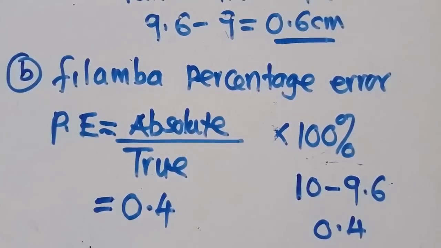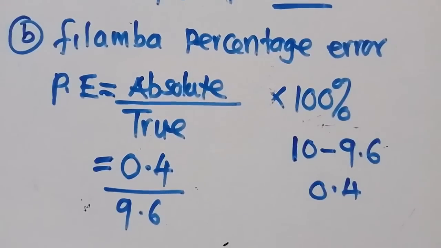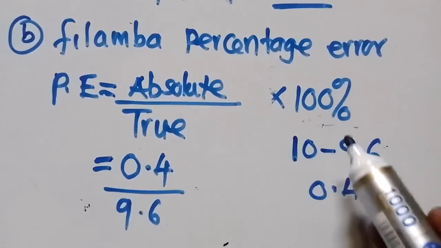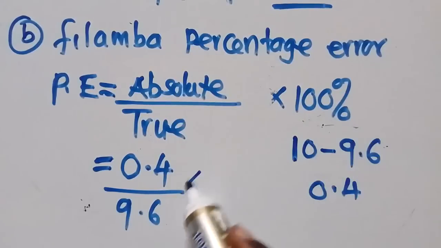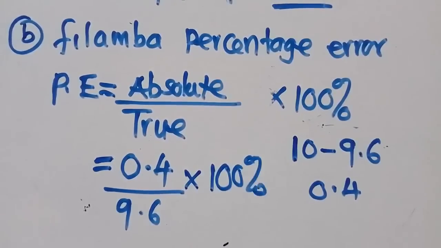Then I say over what? The true value. What was the true value? 9.6. That was the true value. Then since it is a percentage, I put times 100%. This is what I will do.